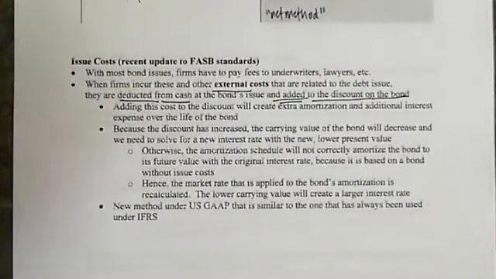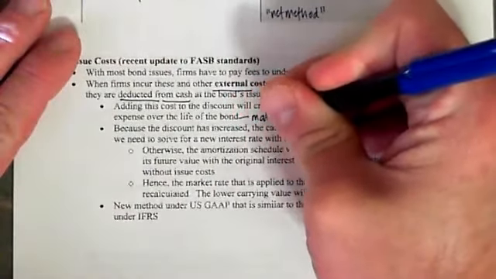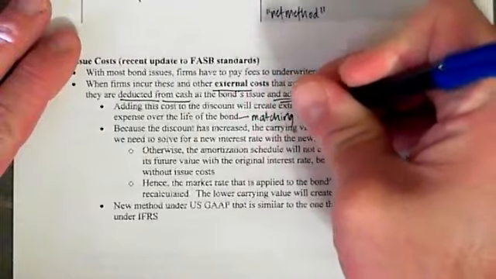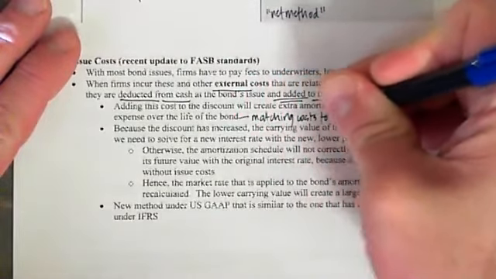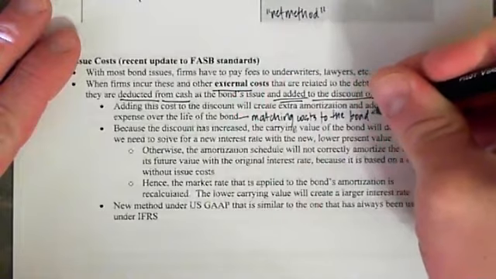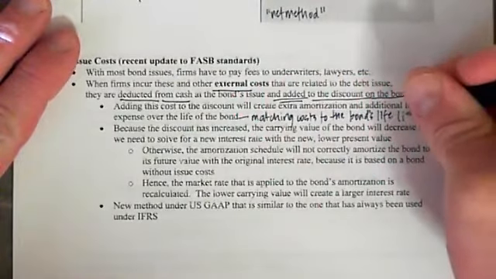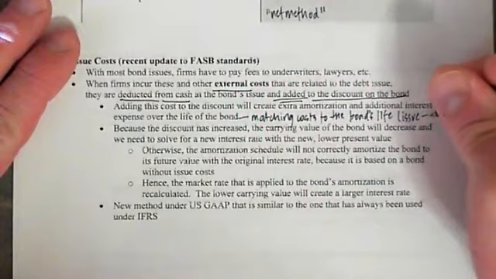With that additional discount is going to come additional interest expense we recognize. And so really what we're doing is matching those costs to the bond's life. That is from issue to maturity.